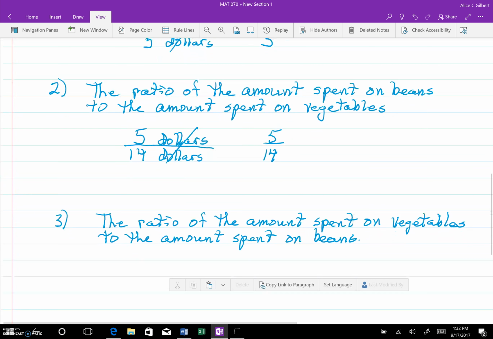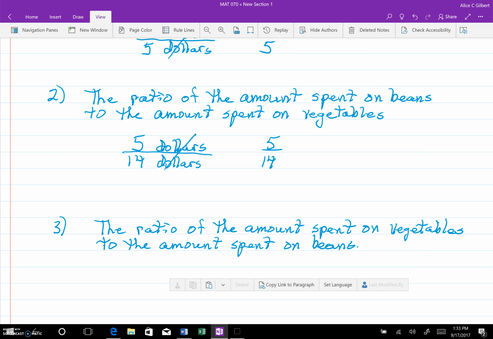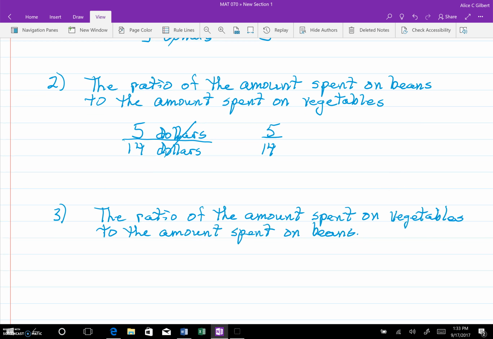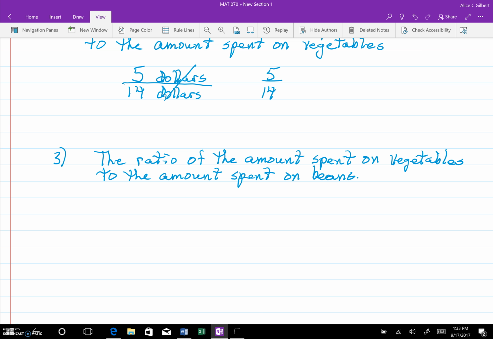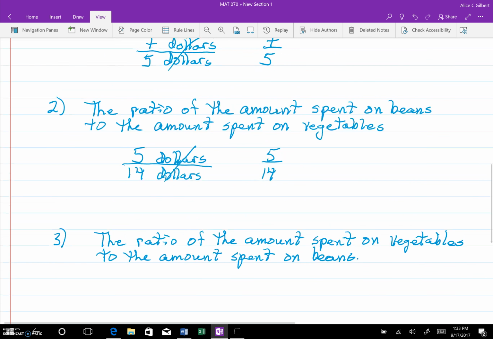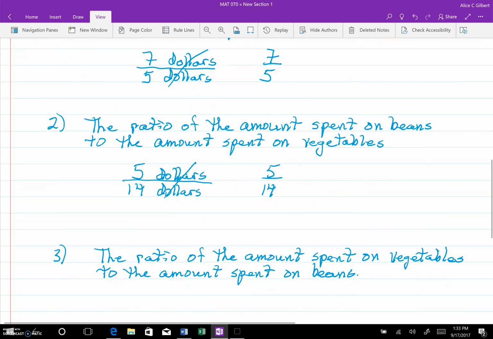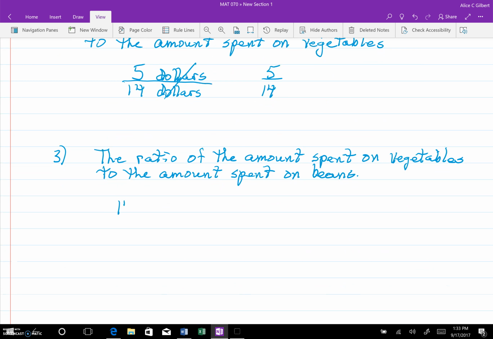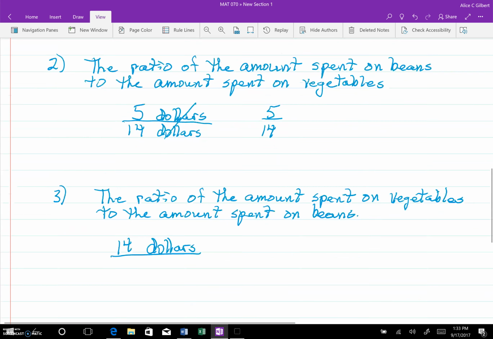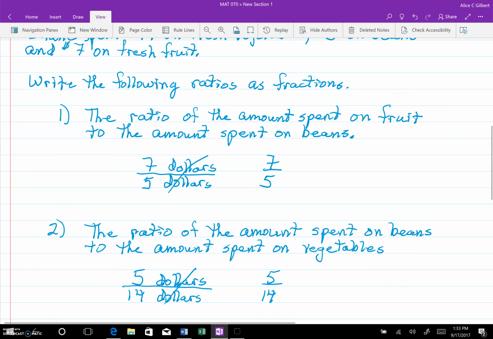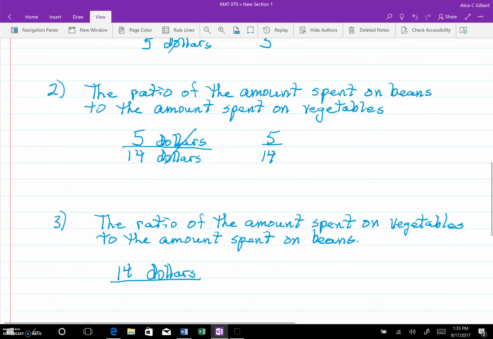We've got one more. Let's look at this one. The ratio of the amount spent on vegetables to the amount spent on beans. Well, the amount spent on vegetables is $14. And the amount spent on beans is $5.